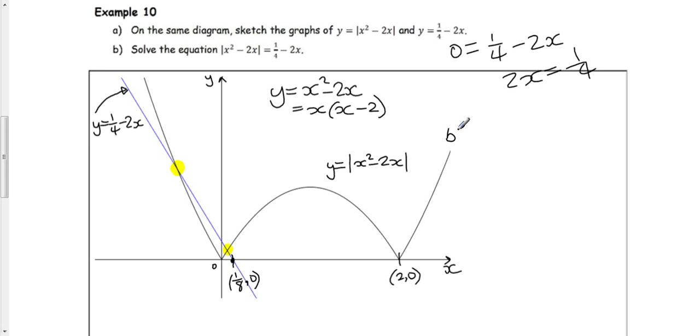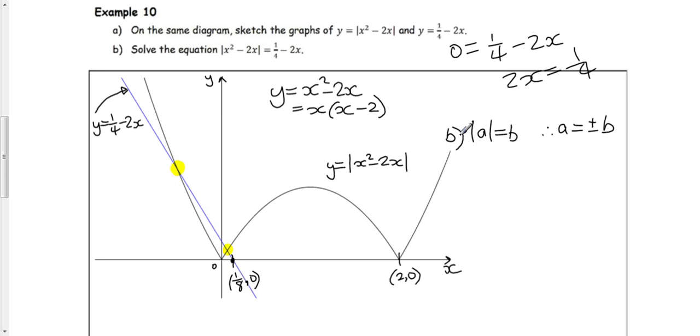So in part B, the fact I'm going to use is that the modulus of an unknown, if it equals, for example, b, then the value inside the modulus must equal plus or minus b.